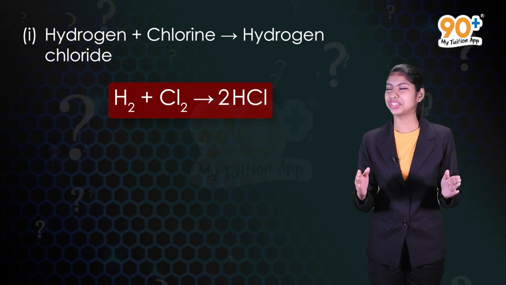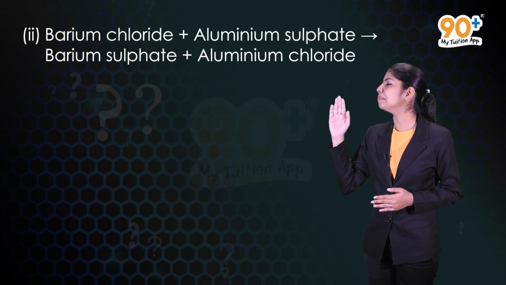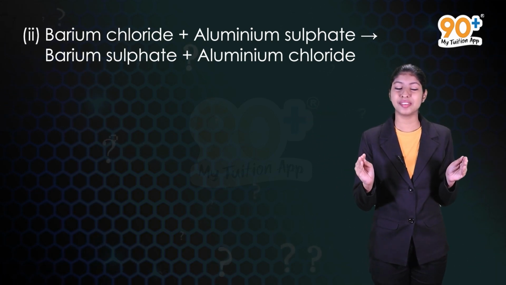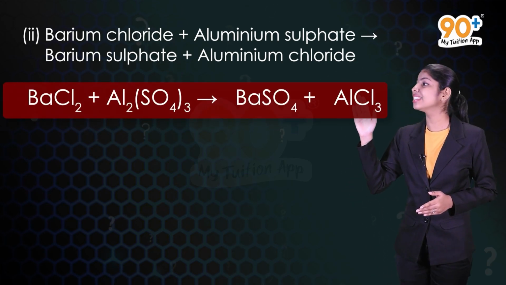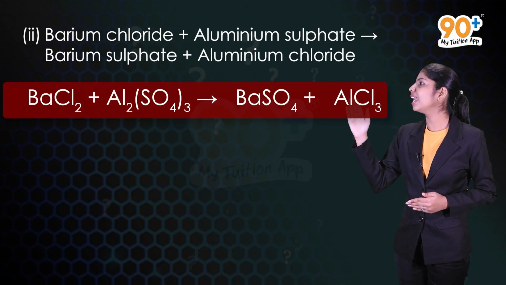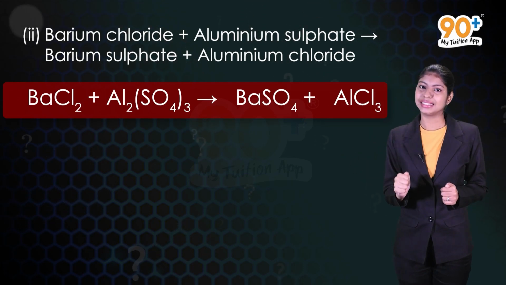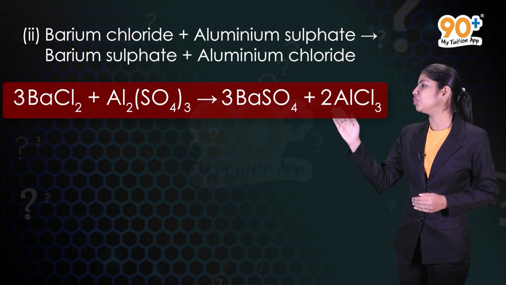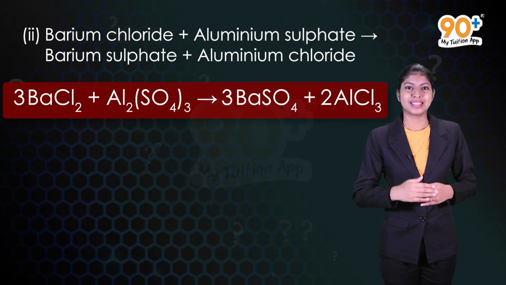The second reaction is barium chloride plus aluminum sulfate gives barium sulfate plus aluminum chloride. Now let's rewrite the word equation as chemical equation, that is BaCl2 plus Al2(SO4)3 gives BaSO4 plus AlCl3. On balancing, we will get 3BaCl2 plus Al2(SO4)3 gives 3BaSO4 plus 2AlCl3.